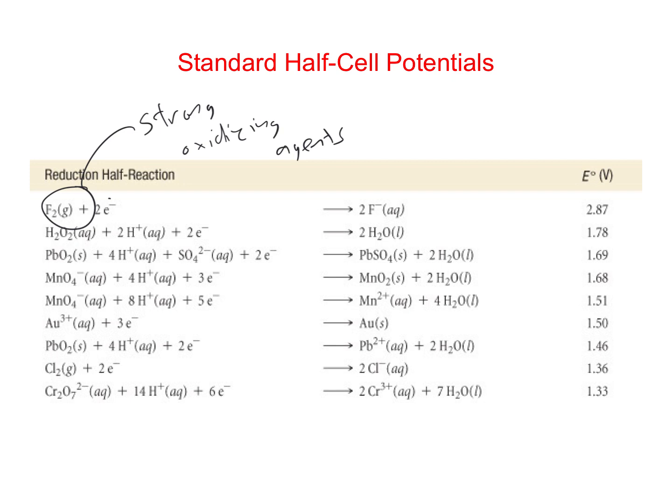So remember that if something is easily reduced, that means that it's going to be good at oxidizing something else. So the electrons that the fluorine is taking, it must be stealing from something else. So when you look at these charts, the reactants at the top of the table are going to be strong oxidizing agents. But as these cell potentials get less positive, they become less spontaneous. And so they're less likely to happen.